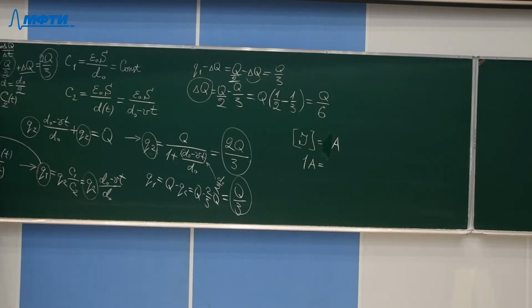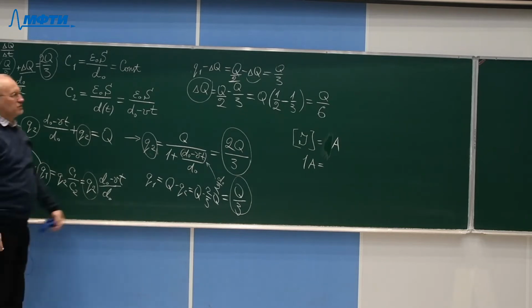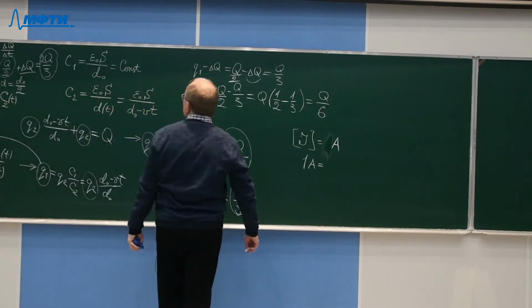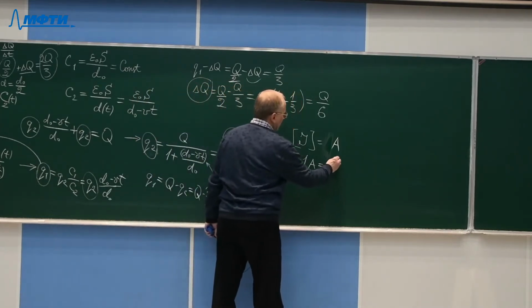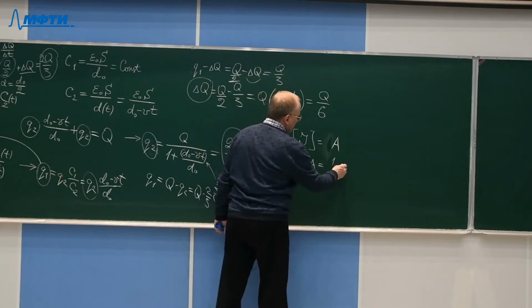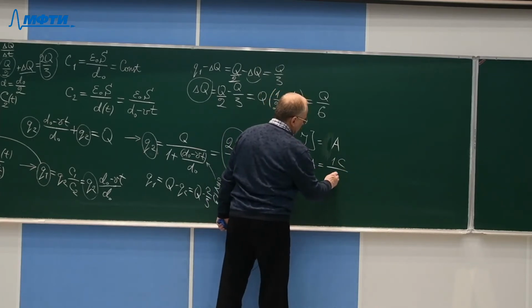Some electrical charge carried through the cross-section of the wire in time interval delta t. So if delta t is 1 second, then electrical current will coincide with the amount of charge carried through the wire in 1 second, in a unit of time. According to this formula, the electric current of 1 ampere is 1 coulomb divided by 1 second.